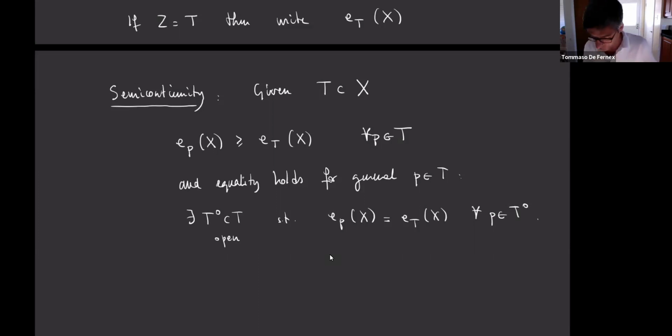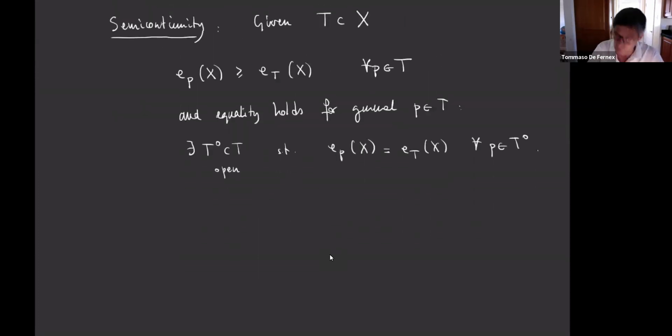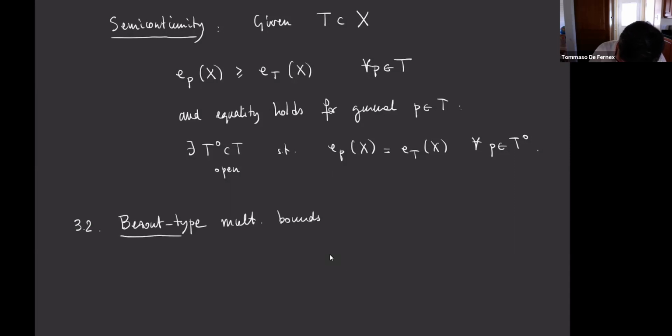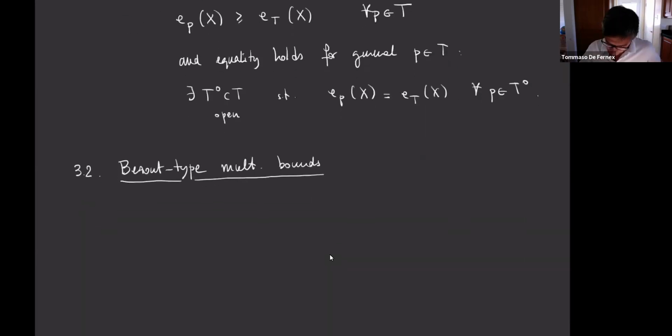Okay, so now that we have the definitions in place, we're ready to state some properties. The first property I want to discuss is a Bezout type inequality. Are there any questions about these definitions?